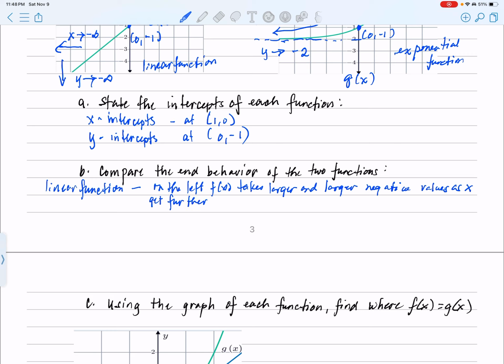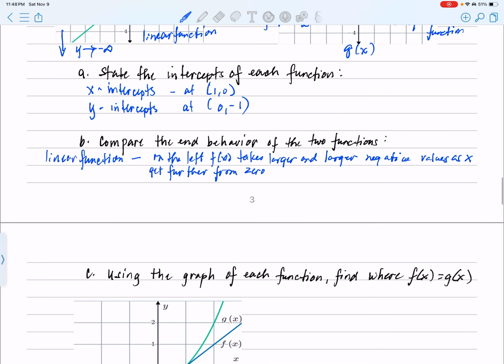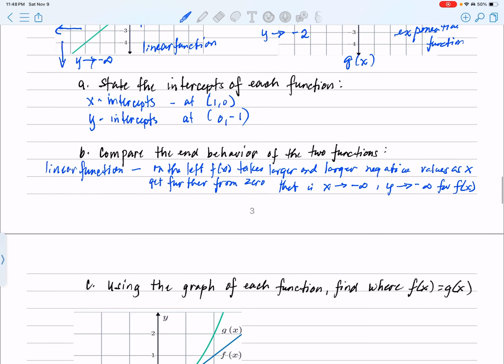How are we going to describe that? As x approaches negative infinity, y also approaches negative infinity for f of x. So on the right side, they are the same, but they differ only on the left side.